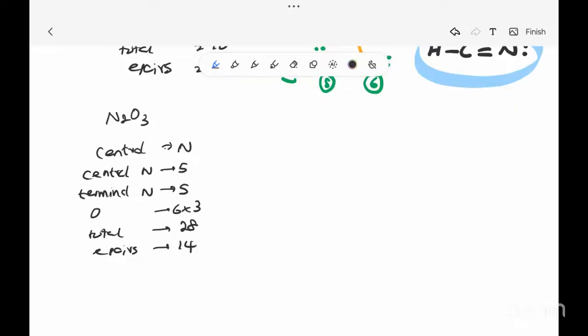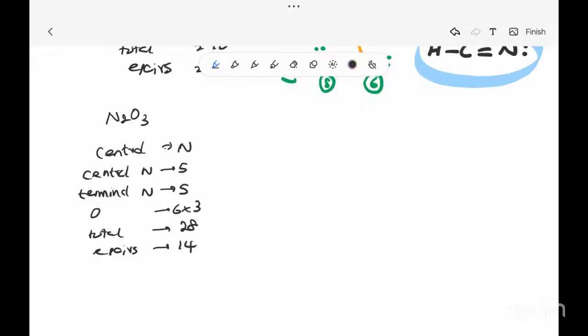So let's place N2O3. Here we have to be smart on this one, on placing the atoms. Because this is a non-symmetrical molecule, not a symmetrical molecule.